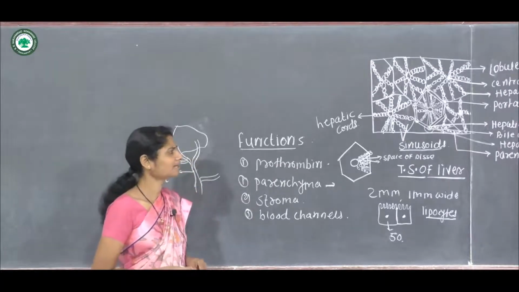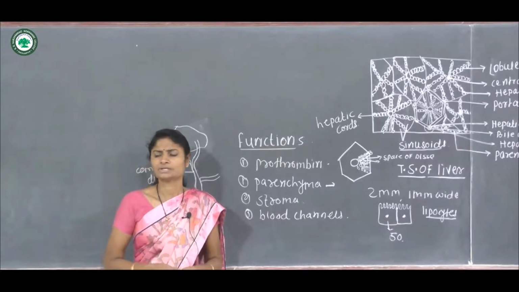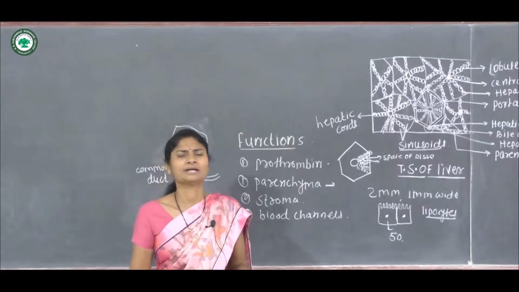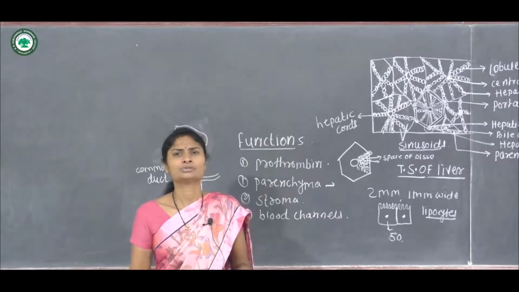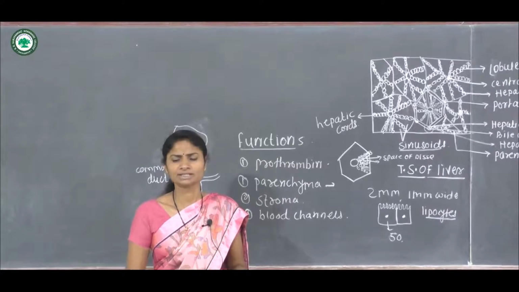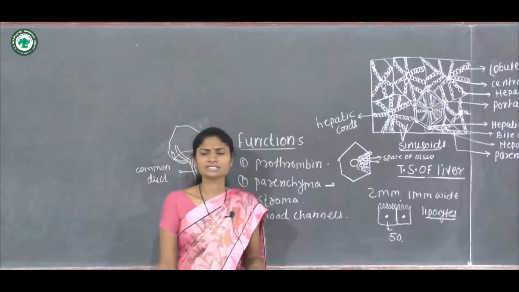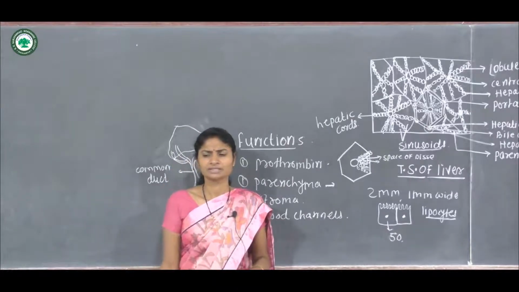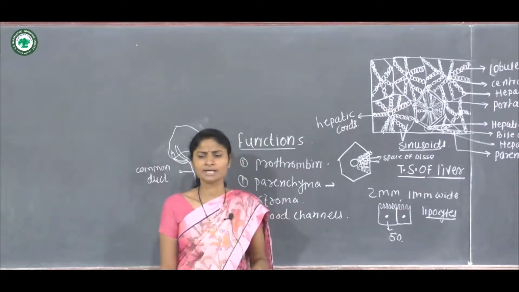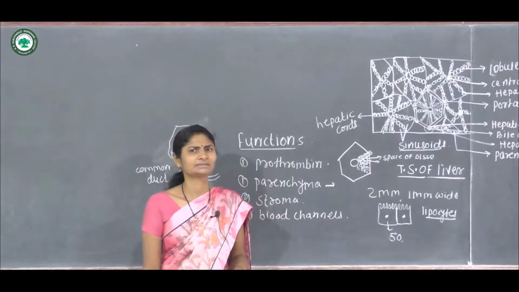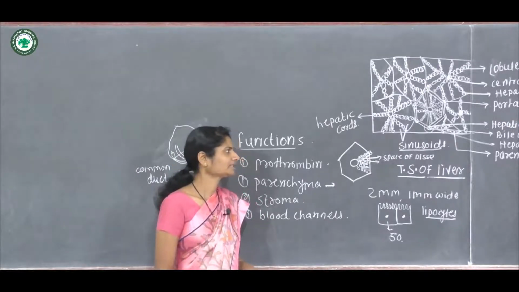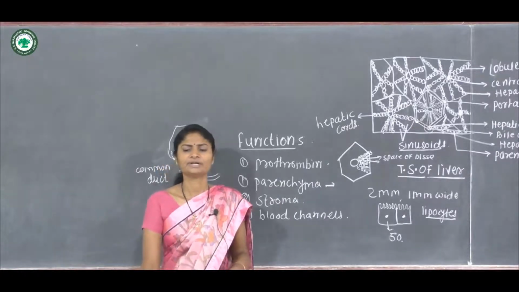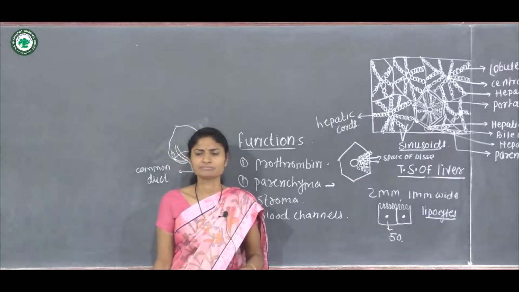Next part, blood supply. The liver receives arterial blood from the hepatic artery and venous blood from the hepatic portal vein. The vein brings blood from the intestine.